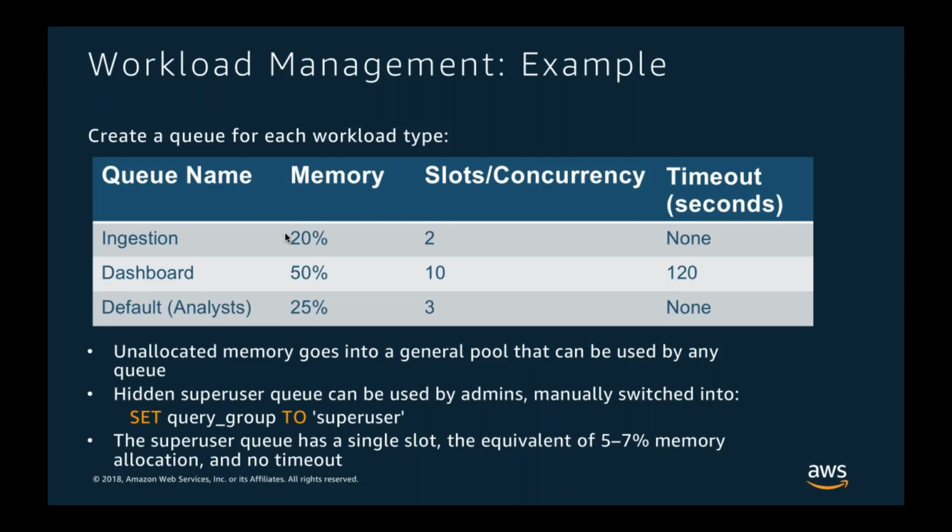Now, what if you go overboard and you say, no, I want more concurrency. Let me go and increase that slot from 10 to 25, right? What it really means is that instead of 22 GB divided by 10, it's now 22 GB divided by 25. So each slot is now getting less than 1 GB of memory. What that means is that if your query needs more memory, it's not going to have that much memory.